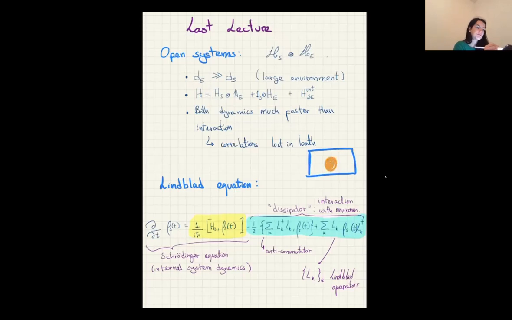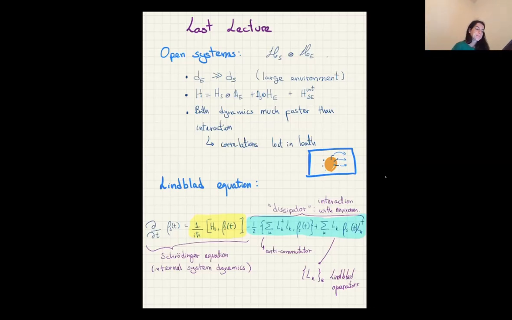If there's entanglement forming between these two particles because of the interaction, but these particles move away in the environment fast enough, then it is like the system is always interacting with new particles from the environment. And I say particles, but it doesn't need to be particles actually moving like in a gas. It could also be in a solid, for example, in a metal, that is so conducting that whatever interaction it has with a small system, these interactions are dissipated very quickly.